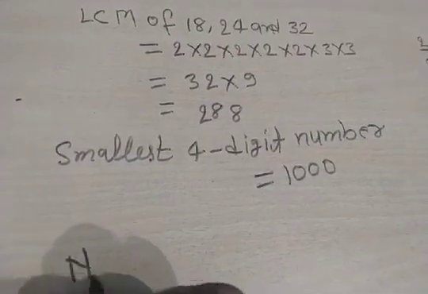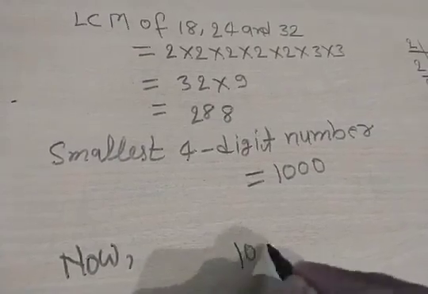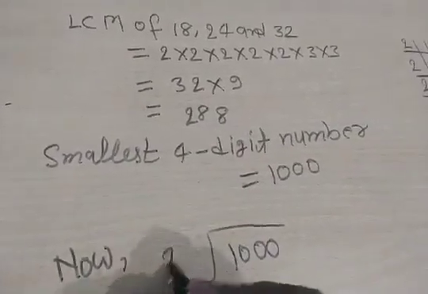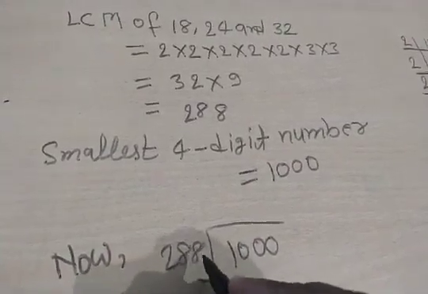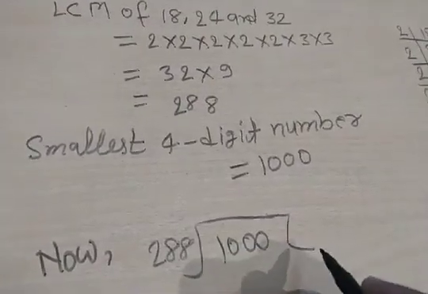Now we divide 1000 by 288, meaning the LCM of 18, 24 and 32. Clear?